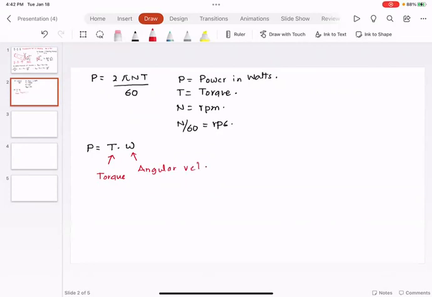Now, at this point, I want to give you a very important example on changing the characteristics of power. So this is very important. If you think about power, power is energy divided by time.